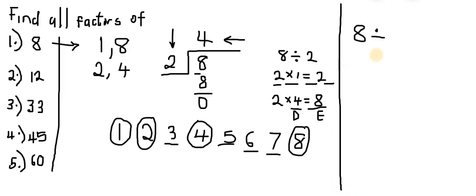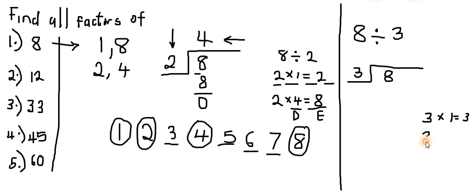So if 3 is a factor of 8, then it should divide 8 without any remainders. So let's do that. 8, 3. So create the 3 times table. 3 times 1, 3. 3 times 2, 6. 3 times 3, 9.